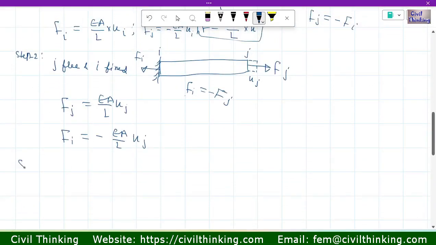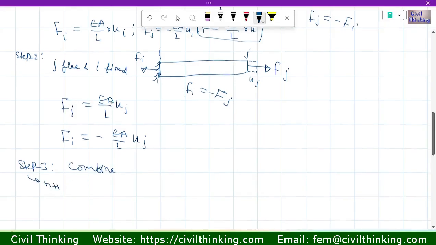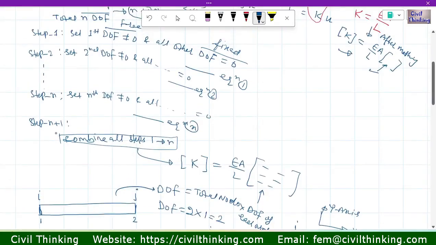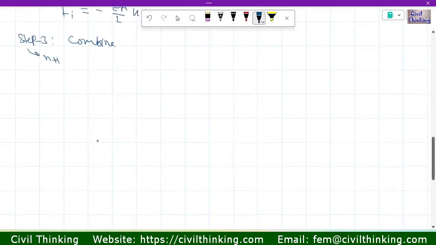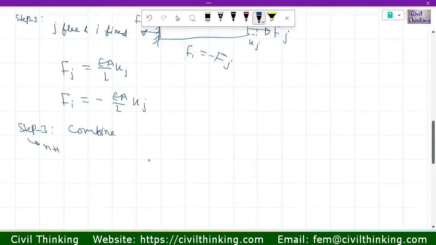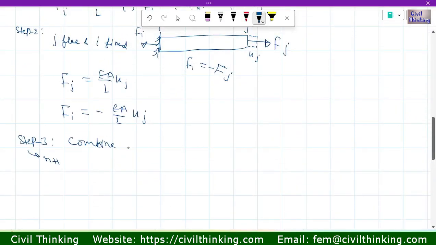So step 3 is going to be what? We have to combine all. This is the n plus 1 step. We have to combine all the steps from 1 to n. So 2 steps we will combine, step 1 and step 2.